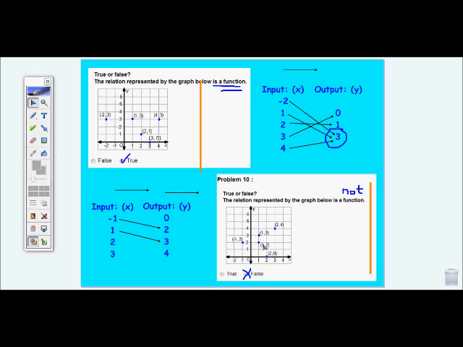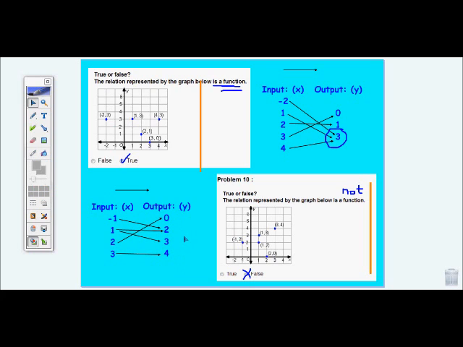And then 1 went to 3, as I said, but it also went to 2. All right, when I was fighting with my arrows, I got mixed up which chart I was on. 2 is my next point, reading from left to right on the chart. 2 goes to 0. And finally, my last point would be 3 on the x-axis, and that goes to 4.